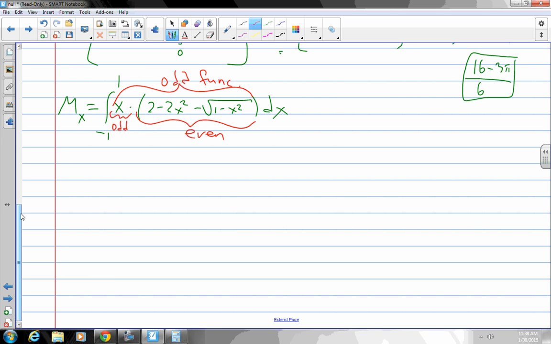Now you're trying to integrate an odd function, symmetrical from -1 to 1. So what are those integrals if you integrate from -1 to 1 of odd functions? 0. Provided that the function is continuous, right? Because if I integrate 1 over x between -1 and 1, it's still messy, I'm getting into infinity.